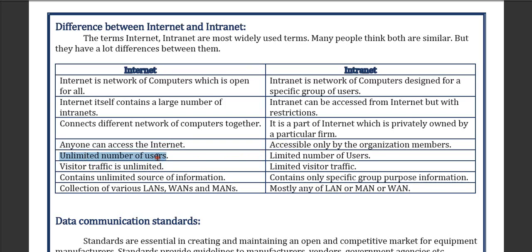The internet has an unlimited number of users, but an intranet has a limited number of users. Visitors or traffic are unlimited on the internet, but limited on an intranet. LAN, MAN and WAN can be used in both. The difference between internet and intranet is very important for your examination questions. Take a snap of this one.